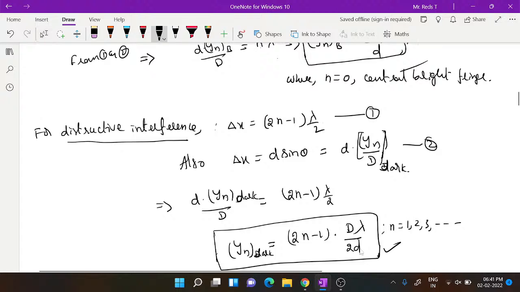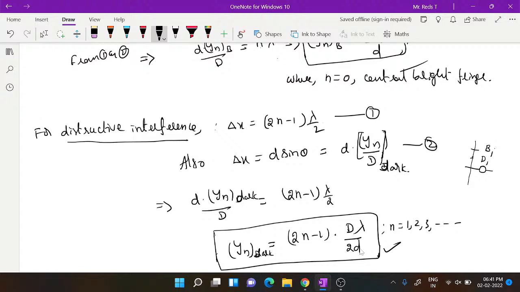If this is the screen and this is the central fringe, and this is D lambda by d, taken as 1, then the first dark fringe is at 1 by 2. If this is the first bright, the first dark will be here, meaning in between the central bright and the first bright you will get a dark.